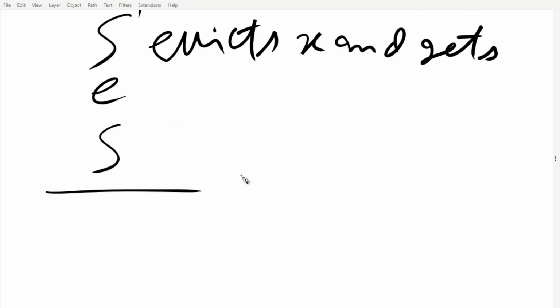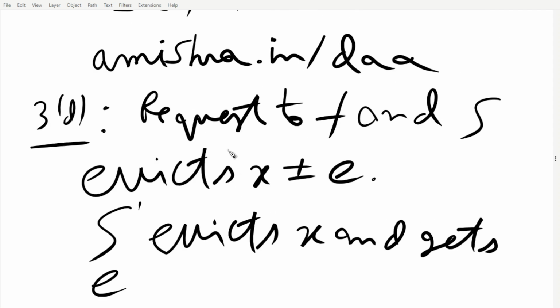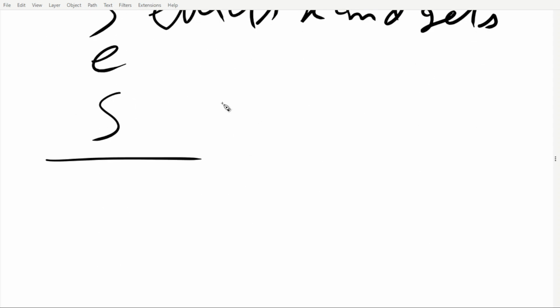So here we have the cache for S. For S, what has happened is there is a request to F and it evicts X, so F comes in, and E is already there in S. So now both E and F are there.